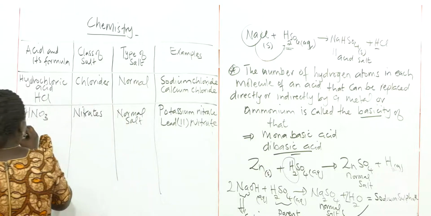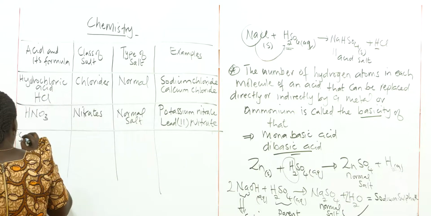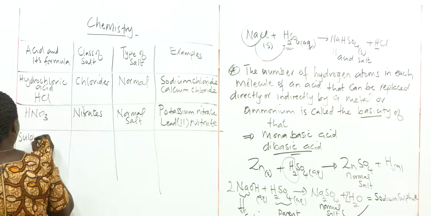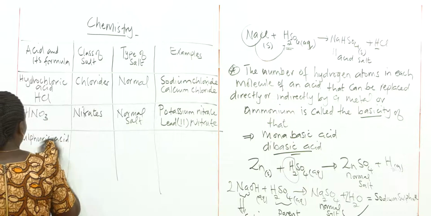Then we have sulfuric acid. The formula is H2SO4.